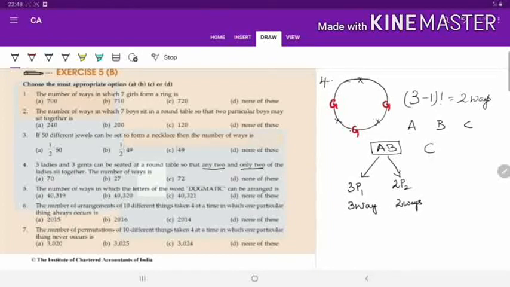Now let us see the permutation for C. C can occupy the rest of 2 slots in 2P1 ways, which is equal to 2 ways.